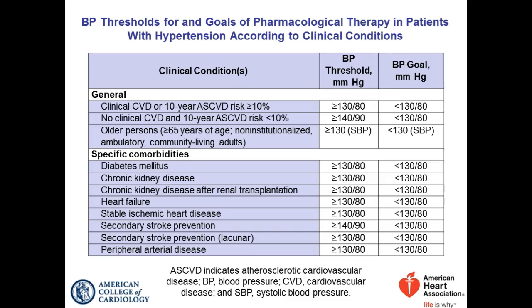One of the things that's important to understand when you're considering drug therapy is at what point do you decide to start a medication to treat hypertension? So, you know, again, the guidelines have gone back and forth, and we have two columns here. First, the column here of the blood pressure threshold.